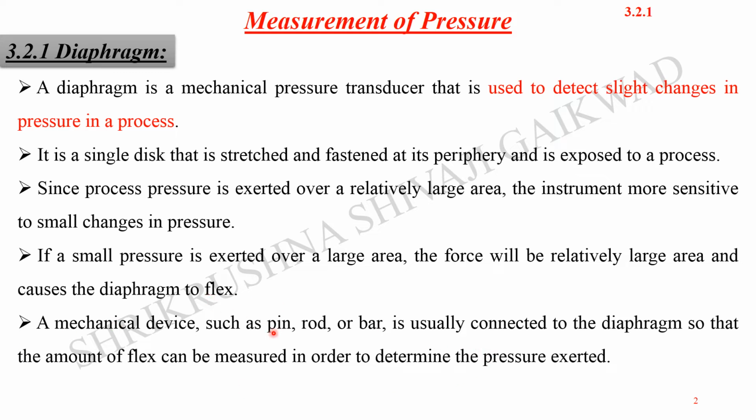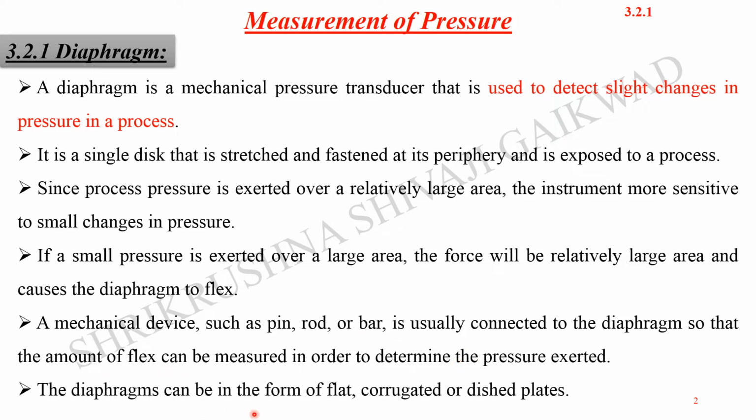Means a very pinpointed pin which has a very sharp edge is connected to the diaphragm, or else a rod, or sometimes a bar is used. Right. So we'll see a few of them in this lecture as well.